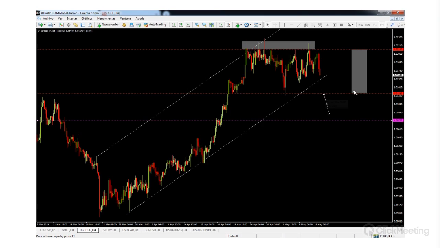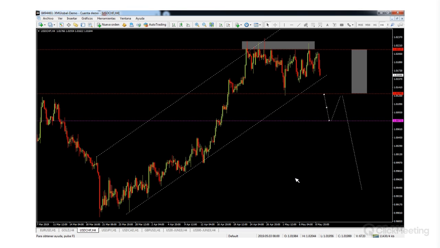I would expect Momo traders to take profit at the 0070 level, and then maybe a test of the broken level, a test of the bottom of the range, for a continuation to the downside.